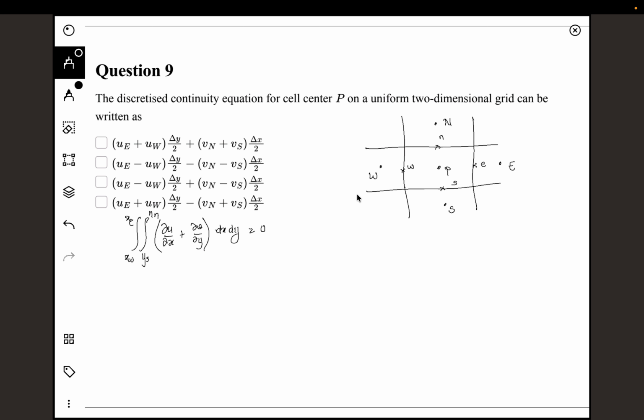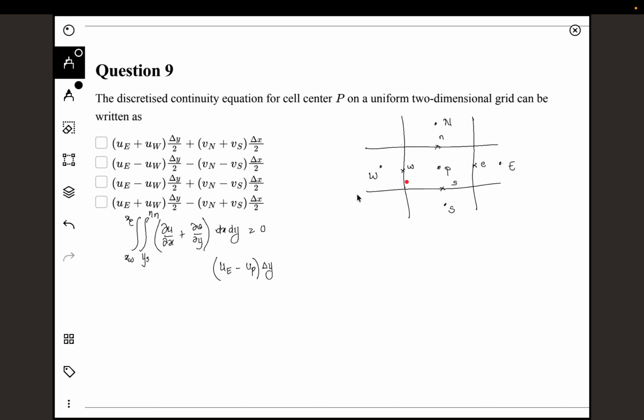So we are doing it for this particular cell. The gradient del u del x on the east face will be the difference between these two, times the corresponding area. This is the outgoing minus whatever is the incoming.